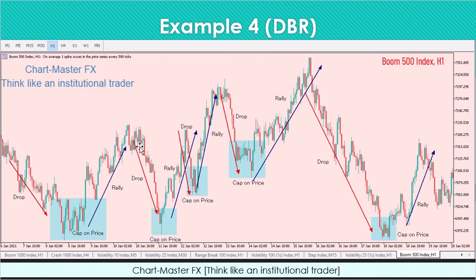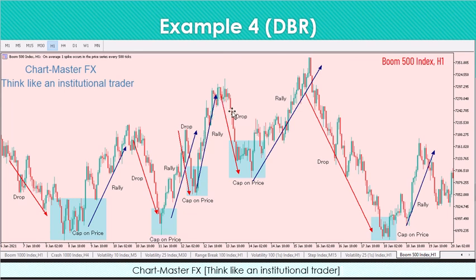The same applies here. We have a drop in price, and you identify your lower low, your higher high, then you can draw your cap on price. So we had our DBR, and here with the drop in price, cap on price here, identify your lower low, identify your higher high, draw your cap on price area.